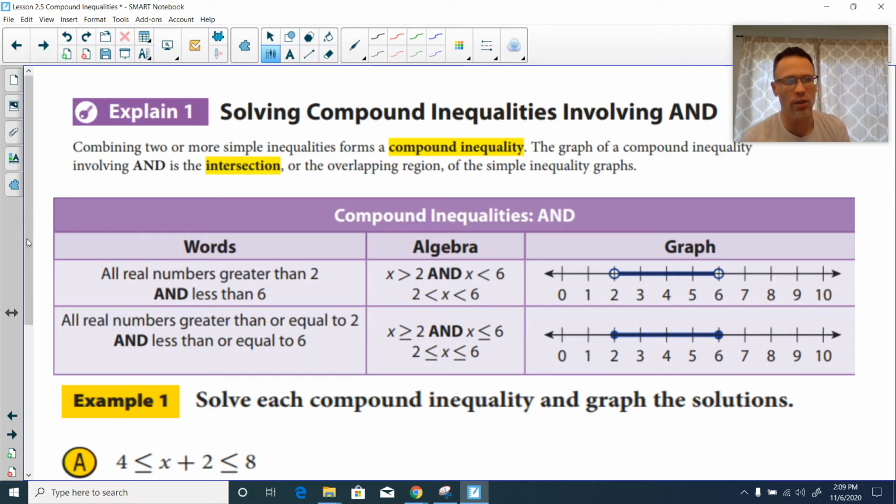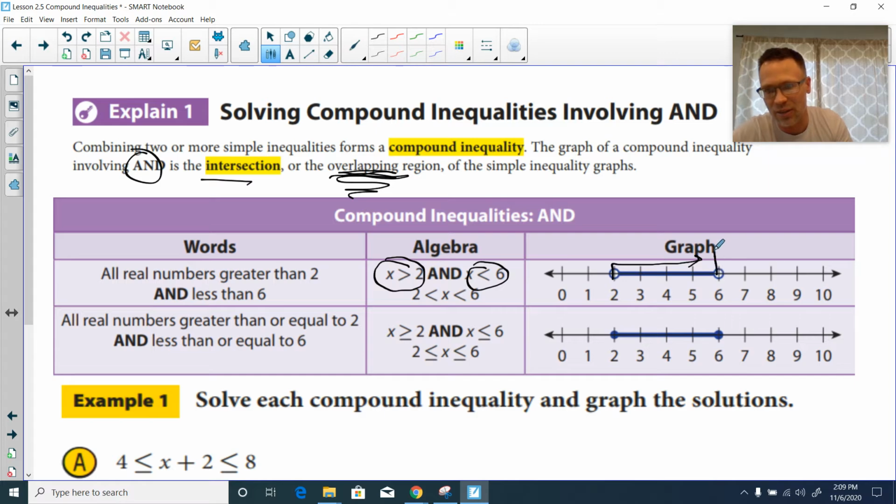So we're going to first take a look at the and inequality. All right. So and involves intersection. What I would like to say, it involves overlapping region. Okay. Involves overlap. So take a look. I'm graphing x is greater than 2, which individually would look like this. But I'm also graphing x is less than 6, which looks like that. Okay.